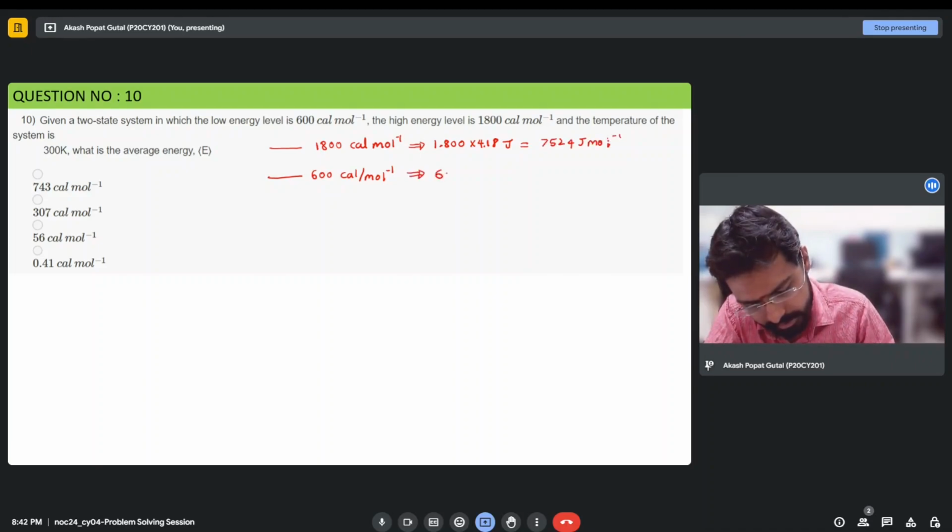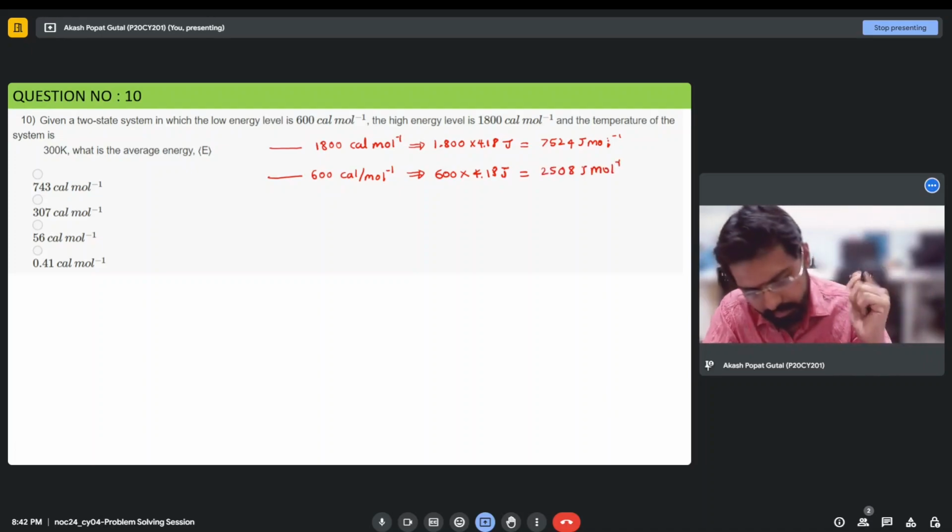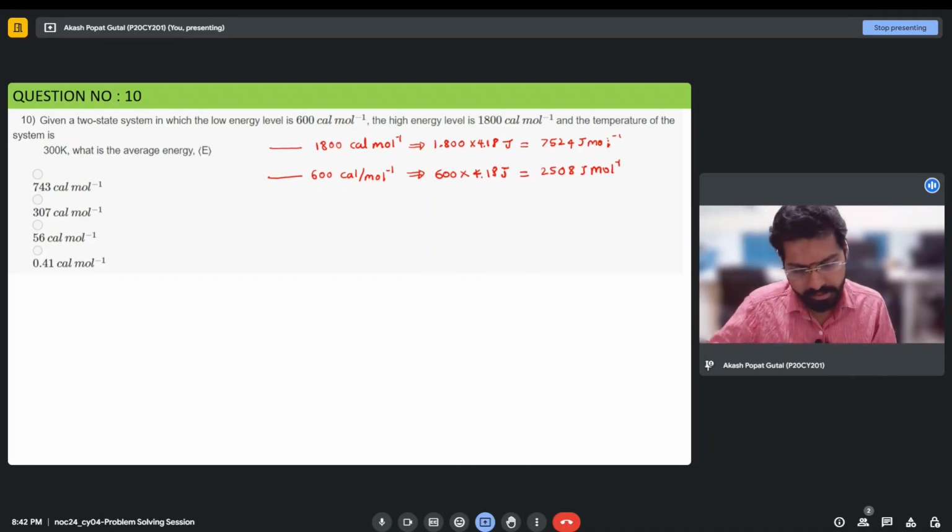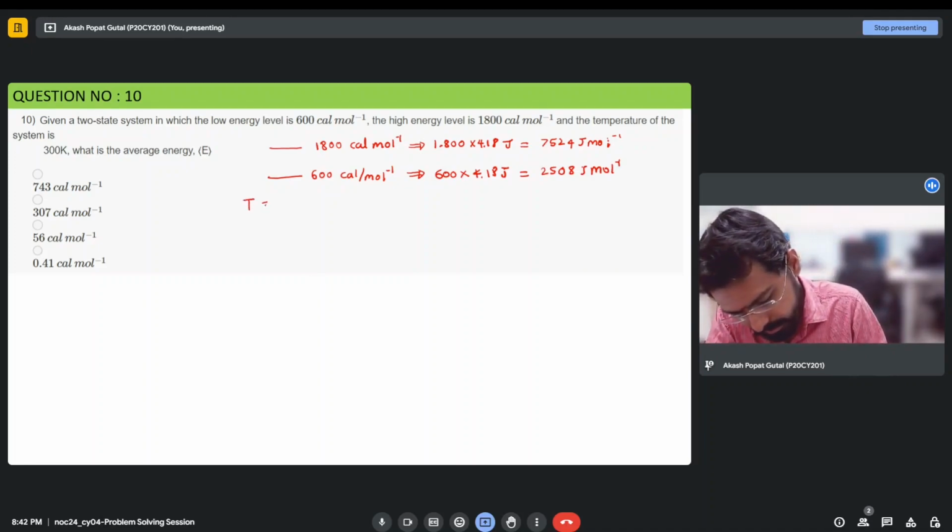Similarly, 600 times 4.18 is 2508 joule per mole.